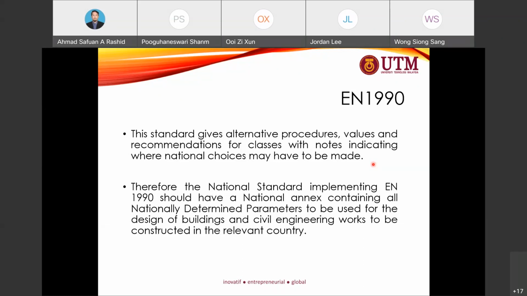Okay. So that's why the Malaysian standard has been proposed, based on this statement in Eurocode 1990, where they provide a statement that any country can come up with their own recommendations. Okay.